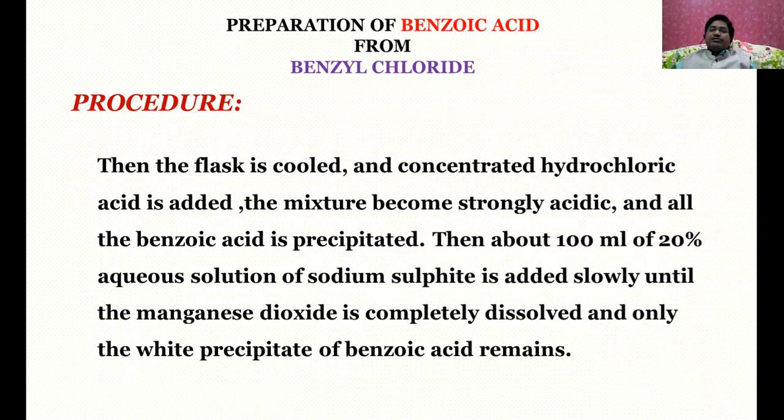The mixture becomes strongly acidic and all the benzoic acid is precipitated. Then about 100 ml of 20% aqueous solution of sodium sulfite is added slowly until the manganese dioxide is completely dissolved, and only the white precipitate of benzoic acid remains in the flask.